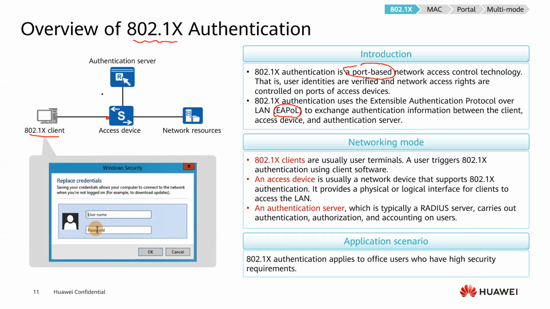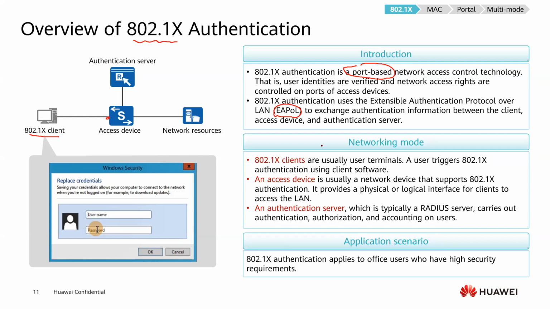And the third is the authentication server. You can use a normal RADIUS server, or you can use the campus controller to act as the RADIUS server, which can support the authentication, authorization, and accounting for the users.